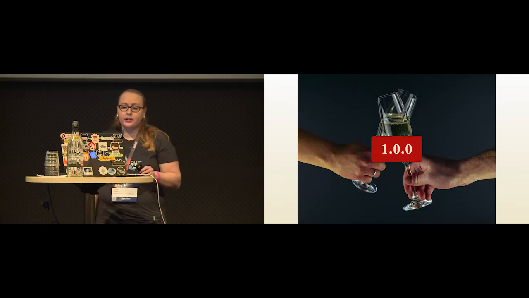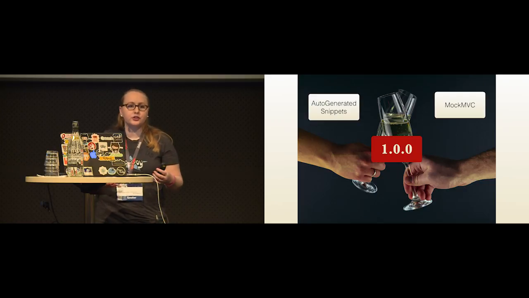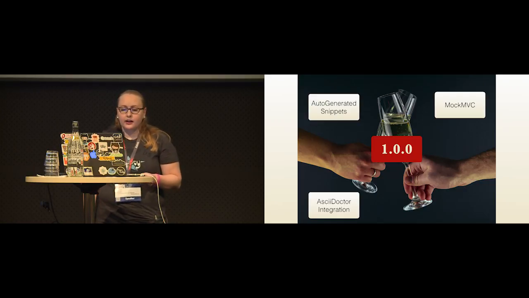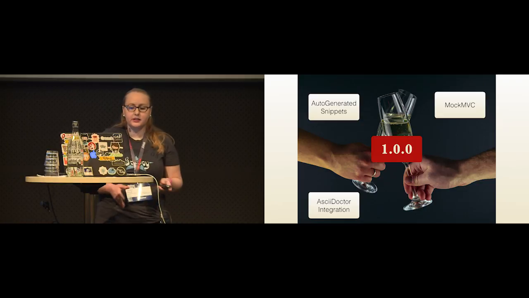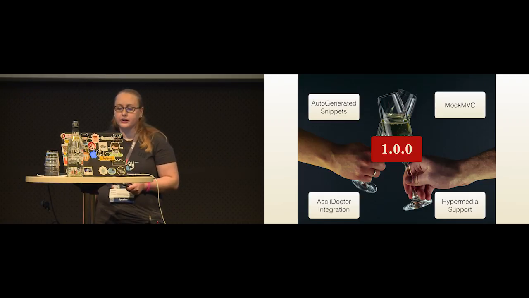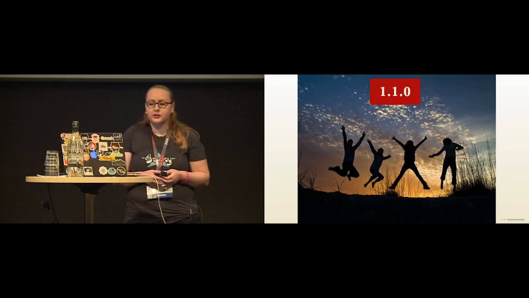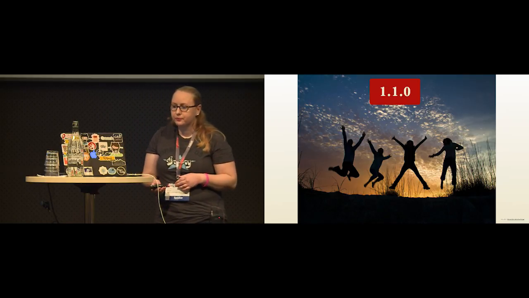From the very beginning, it supported a testing framework called MockMVC, and it created these auto-generated snippets. In the beginning, it was just Asciidoctor integration, but it was very important, even from the very beginning, to support hypermedia.